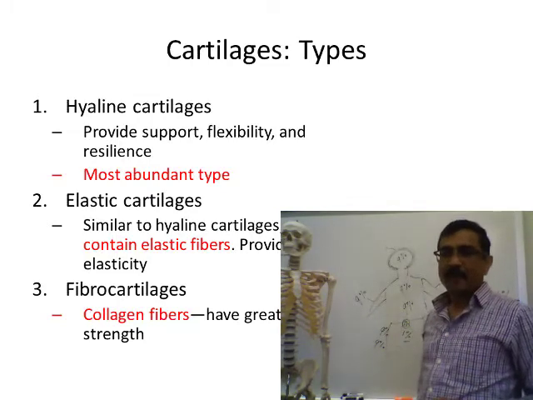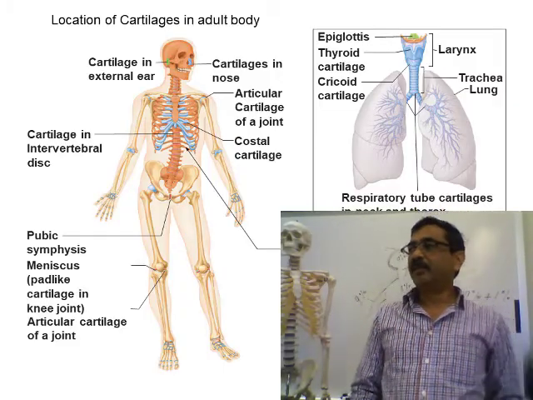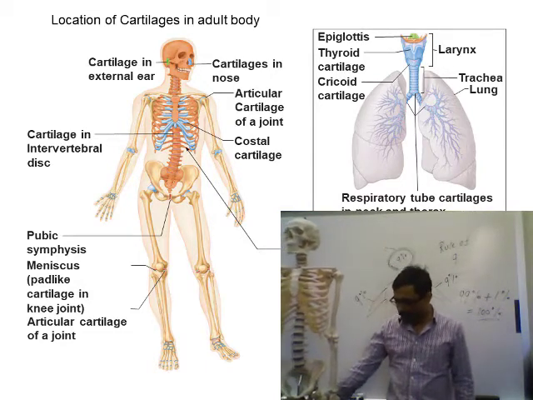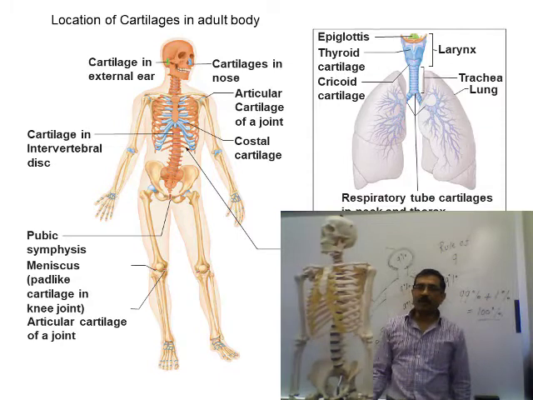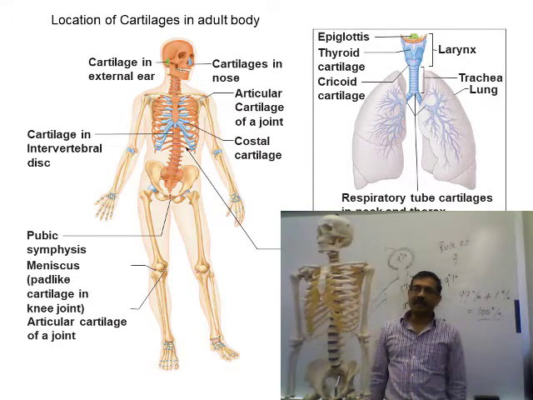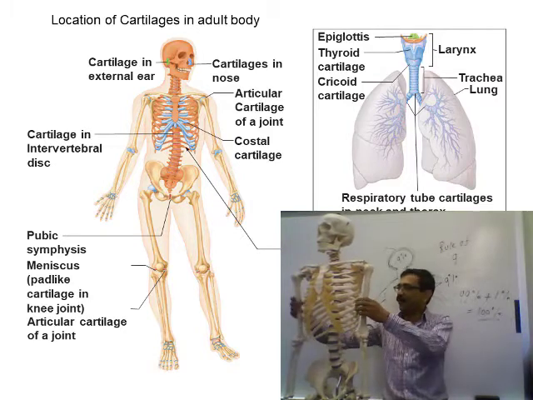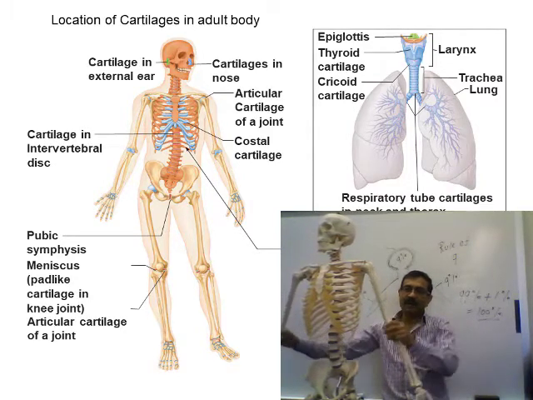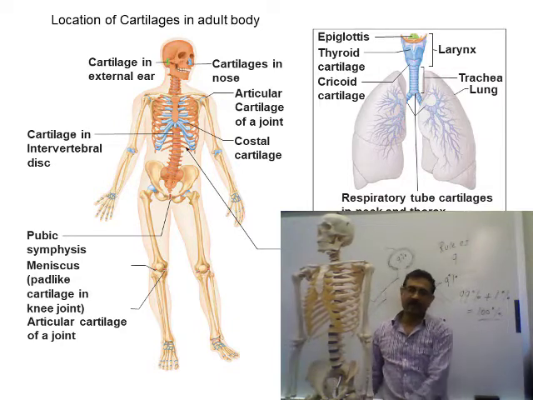Bones. We divide the bones of the skeleton into two groups, appendicular bones and axial bones. Appendicular bones form the appendicular skeleton, upper and lower limbs.